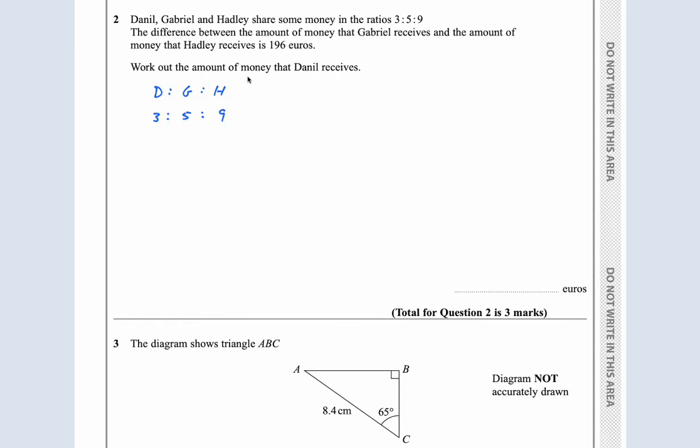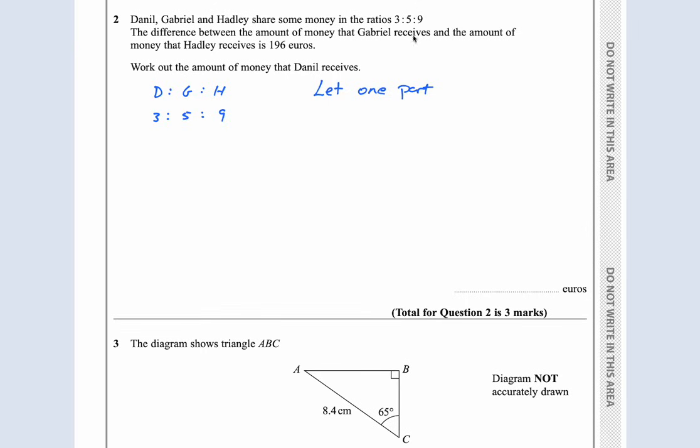Okay, so what I am going to do, guys, is I'm going to say let one part be x. Do you remember guys when we would normally, if you're splitting an amount in a ratio, you'd add these up to find out what the part is.